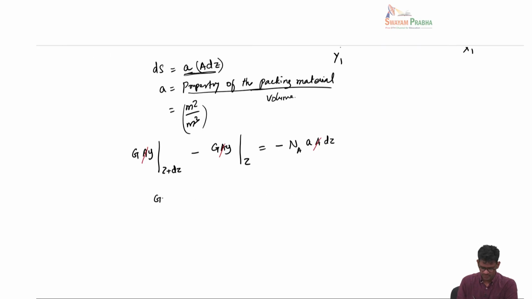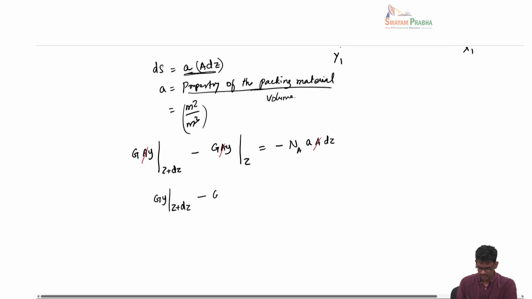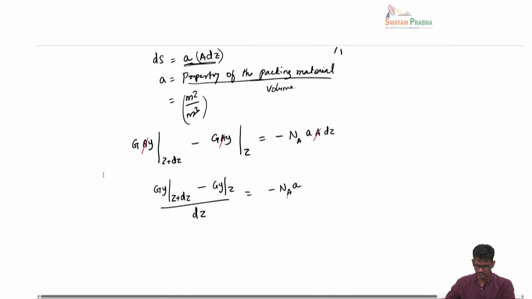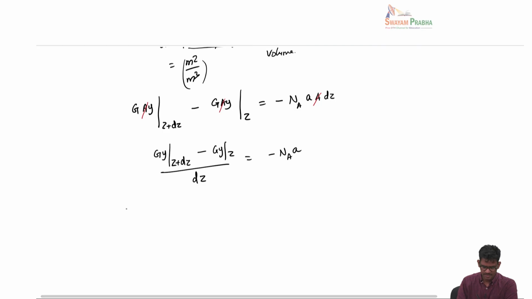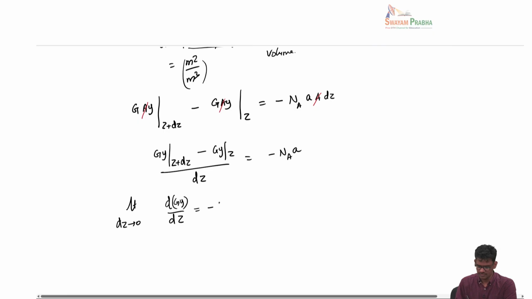So I would have Gy, and I am going to bring this dz here. Now in the limit of dz going to 0, I can approximate this as the derivative of Gy, and that is equal to minus Na.